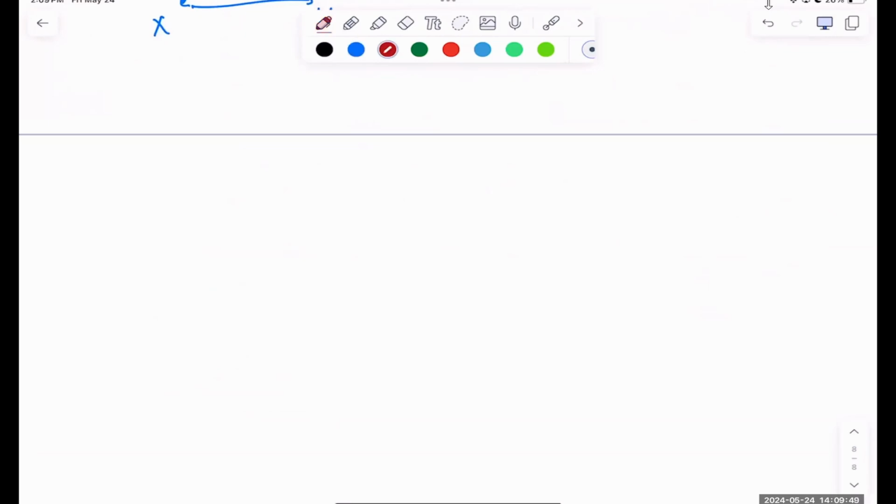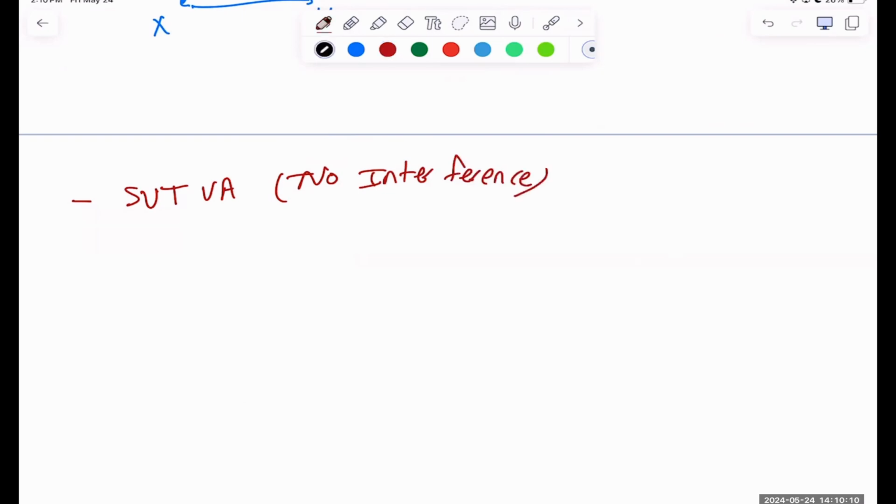And then we have something called SUTVA. Now this SUTVA is actually pretty interesting. What does it mean? It's about no interference. SUTVA is an acronym, which I will mention later.